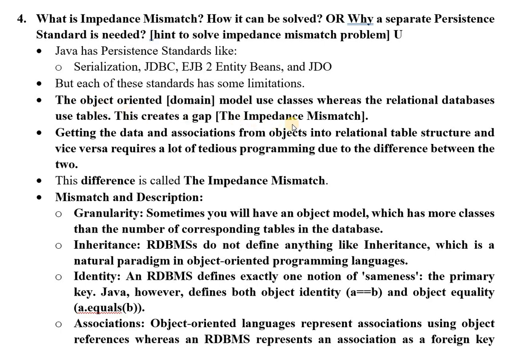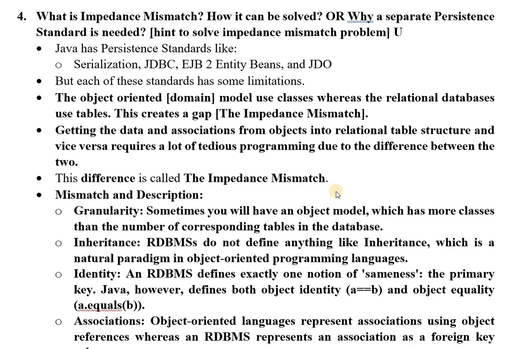This gap which is present between these two representations is called impedance mismatch. Getting the data and associations in the objects and converting them into the relational table structure, and obviously vice versa, needs a lot of programming because these two things are different. This difference is called impedance mismatch.